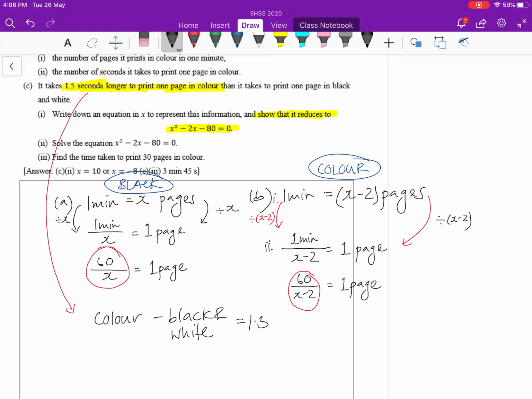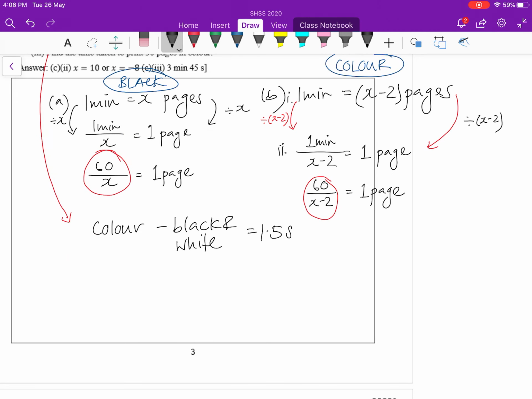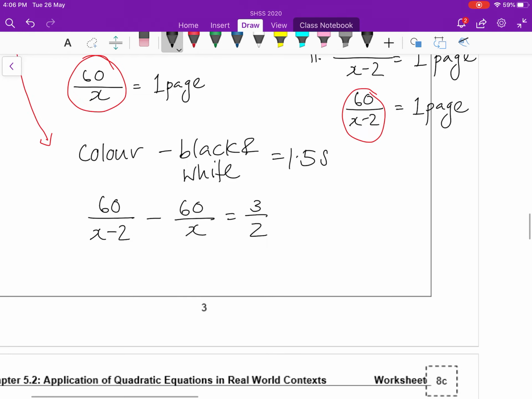is 1.5 seconds. So color, as you know, is 60 over x minus 2, minus black and white, which is 60 over x, equals 1.5. 1.5, if you change to a fraction, is 3 over 2. See, you have a fraction now. Fraction minus fraction must have the same denominator.